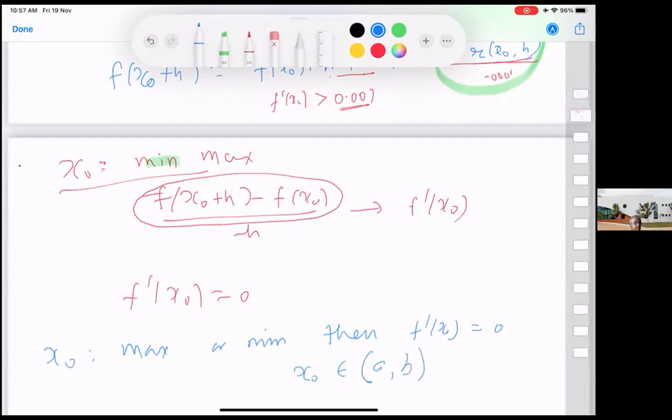Even if the function is differentiable in the closed interval, this argument fails at the endpoints because we are allowing x0 plus h, where h is both positive as well as negative. That means it should be in our interval of definition.